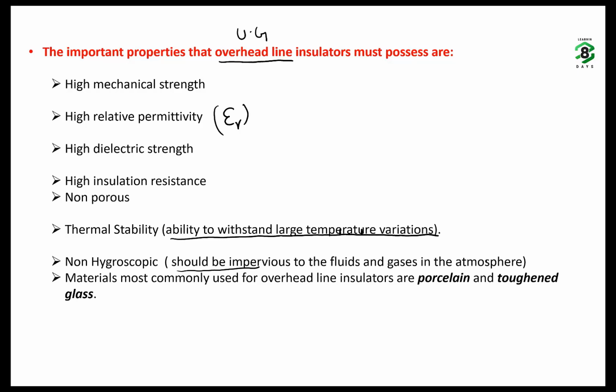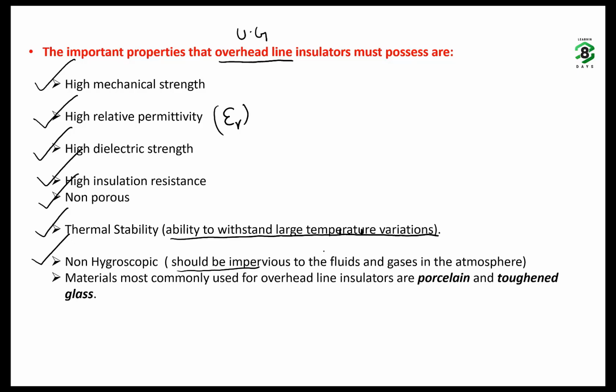What are the properties? High mechanical strength, high relative permittivity. When the relative permittivity is high, the capacitance will be high. Next, high dielectric strength, high insulation resistance, non-porous, high thermal stability, non-hygroscopic, that means impervious to the fluids and gases present in the atmosphere.